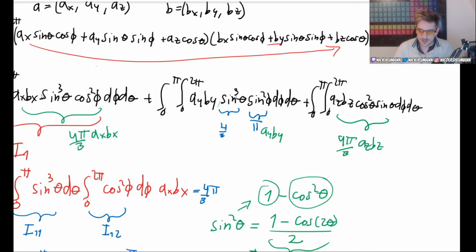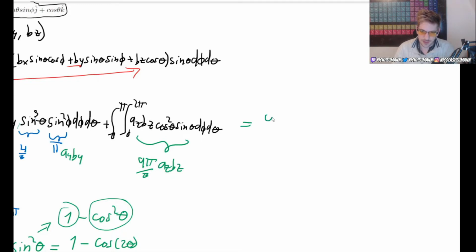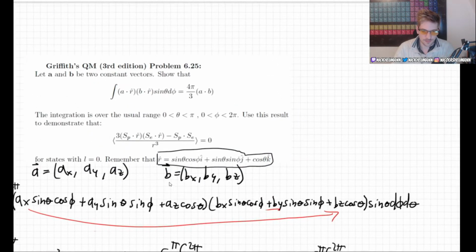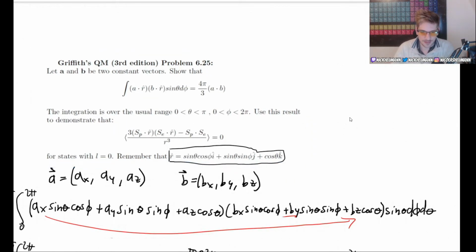So basically, that entire integral is simply going to be 4 pi over 3 times ax bx plus ay by plus az bz, which is the same as the dot product between the a and b vectors. And with that, we have now proven or shown this first part. So we have shown that this integral has that value. And now we want to apply that to our case, right?